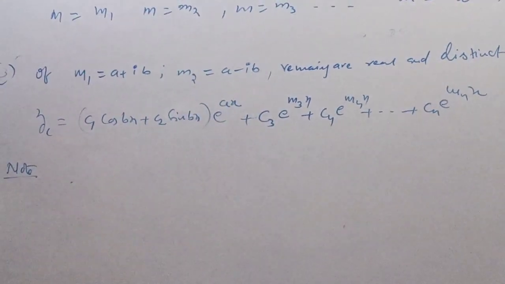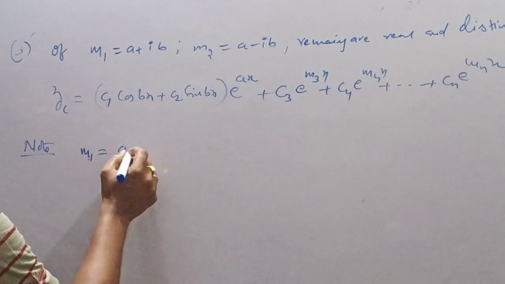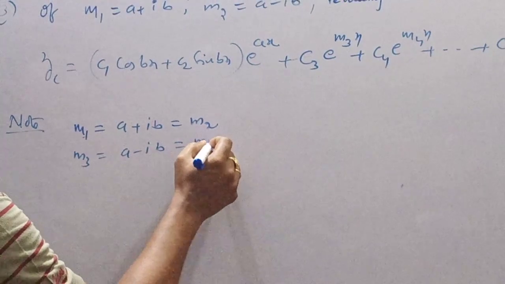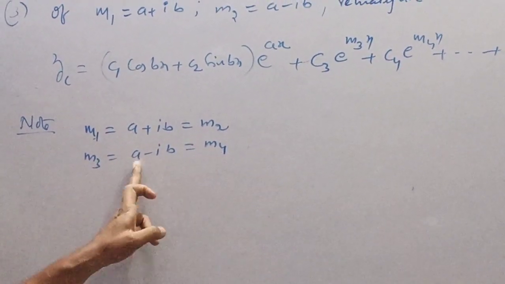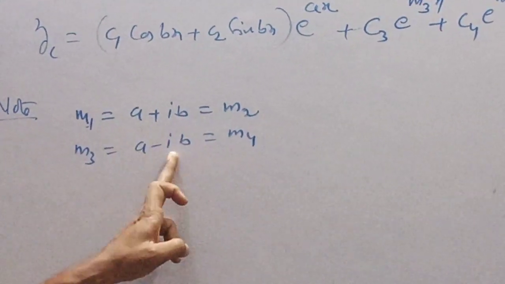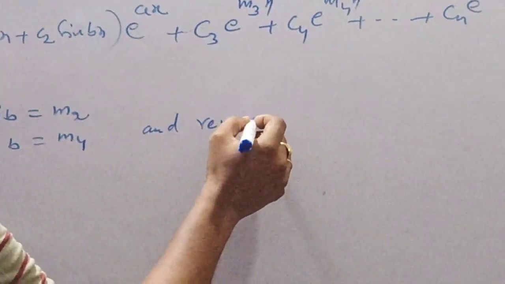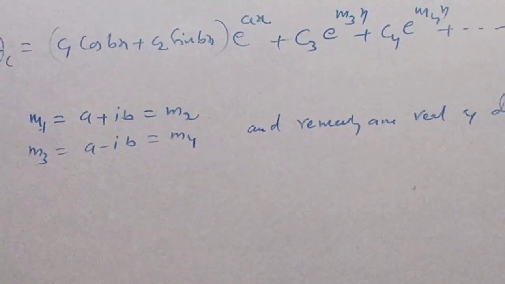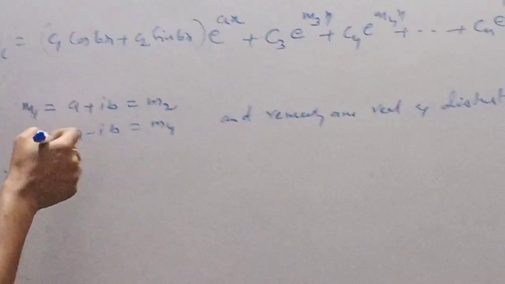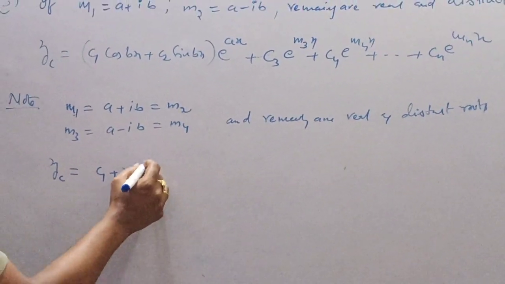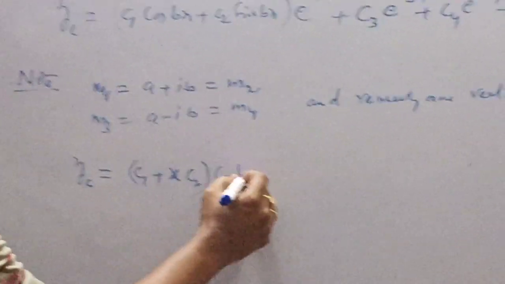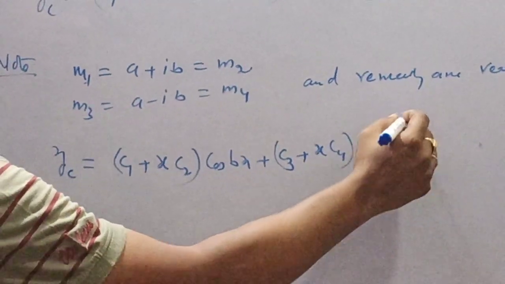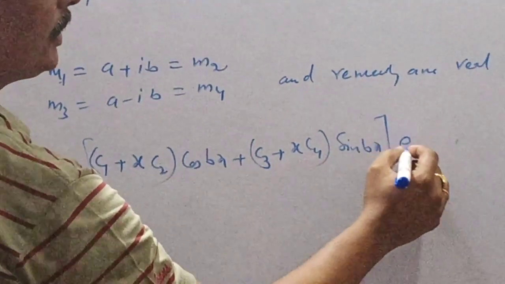So four roots are repeated conjugate pairs: m1 equal to a plus ib equal to m2, m3 equal to a minus ib equal to m4, and the remaining are real and distinct roots. So yc equals (c1 + c2 x) cos bx + (c3 + c4 x) sin bx, into e to the power of ax.